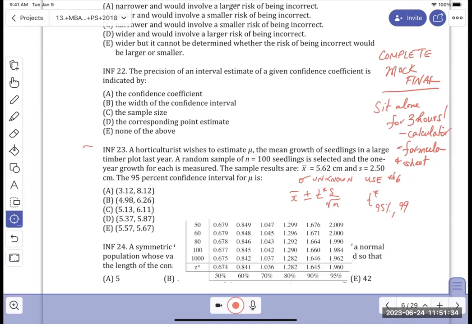Let's try the closest one. So it's going to be x bar, which is 5.62 plus or minus. The closest one is 1.984. s is given as 2.5. And square root of n is 10.